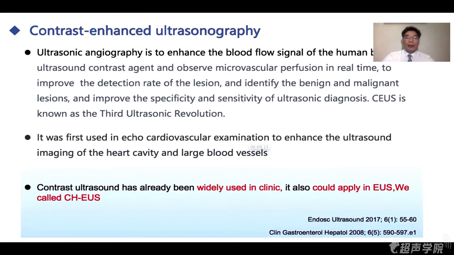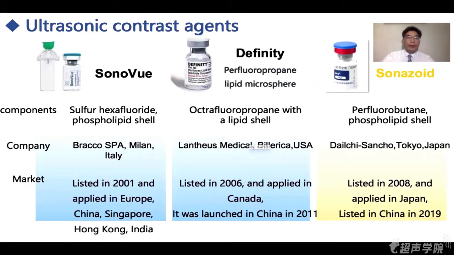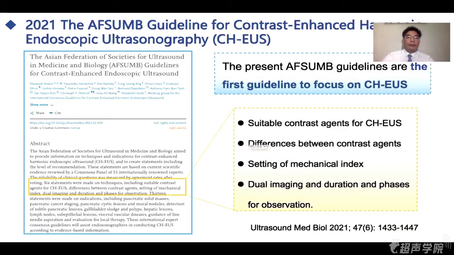Contrast-enhanced ultrasonography has already been widely used in clinic. It can also be applied in EUS, which we call CHEUS. These are 3 kinds of ultrasound contrast agents: Sonoview, Definity, and Sonazoid. They can be used for CHEUS.